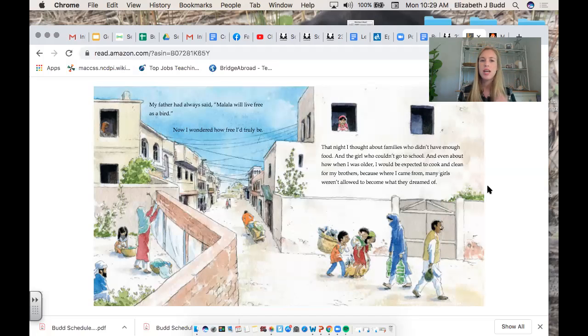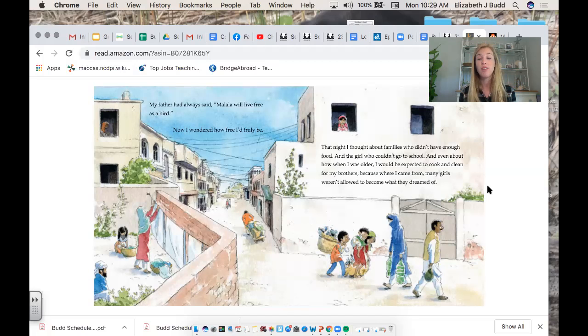My father had always said, Malala will live free as a bird. Now I wondered how free I'd truly be. That night, I thought about families who didn't have enough food and the girl who couldn't go to school. And even about how when I was older, I would be expected to cook and clean for my brothers.